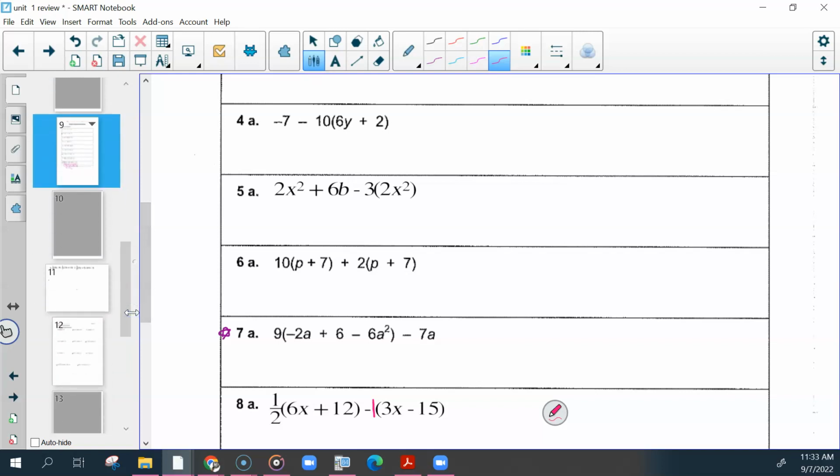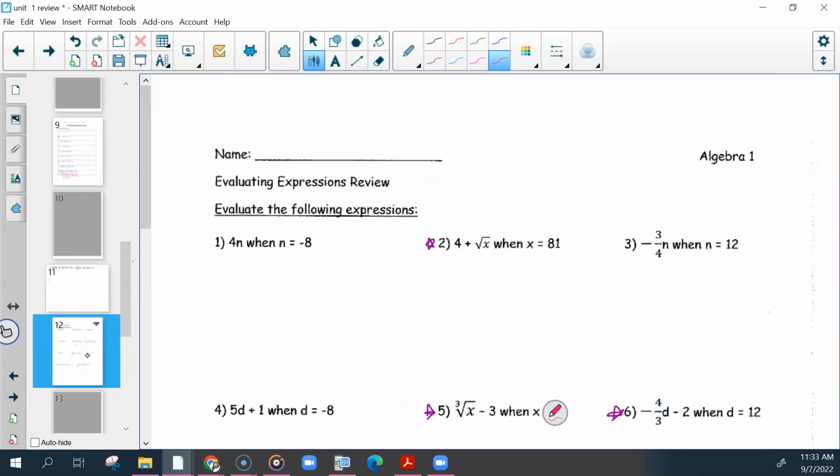And then on the next page, you're evaluating. I'll say this or the last page because they're connected. Any of those we want to see go over?